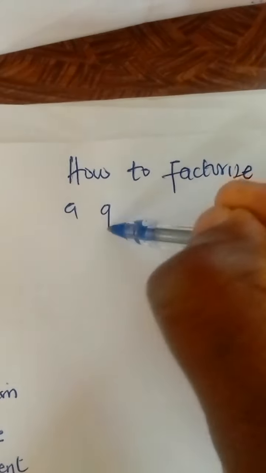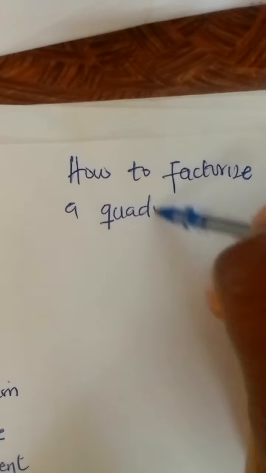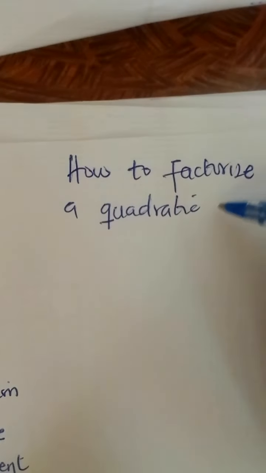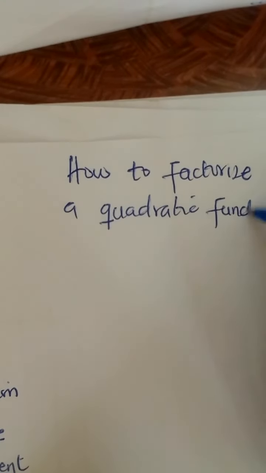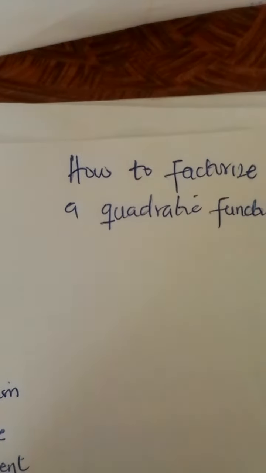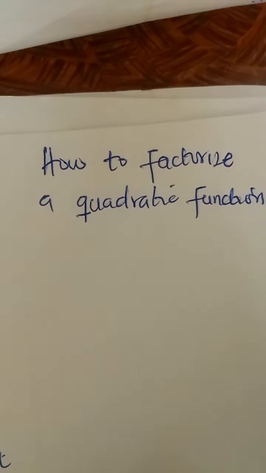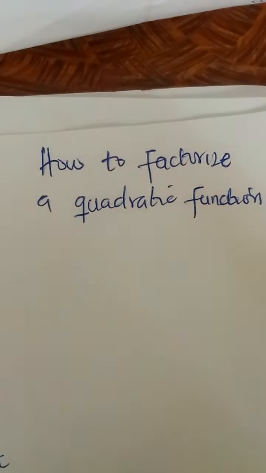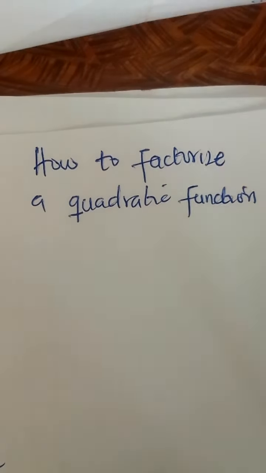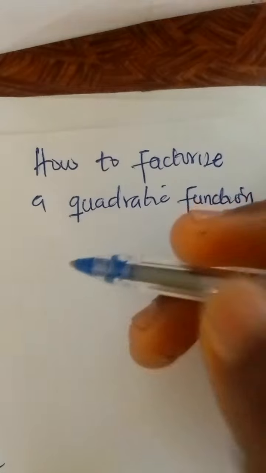We have three main ways of factorizing a quadratic function. One, by completing the square. Second, by formula, and by method of factorization. Our main focus will be the method of completing the square.